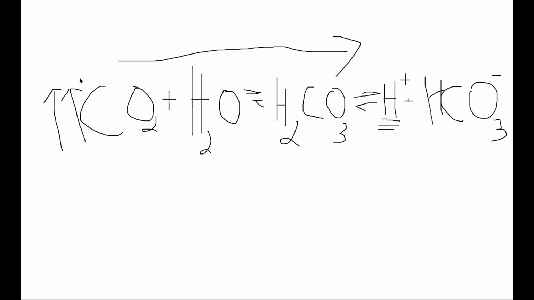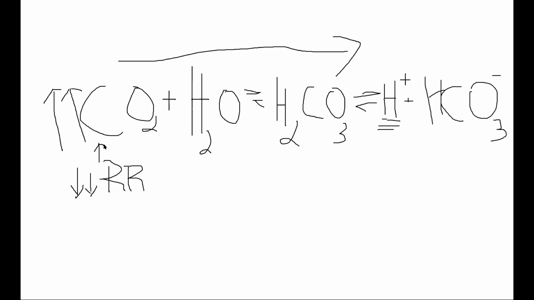How do we increase our carbon dioxide? We are going to decrease our respiratory rate. When we decrease our respiratory rate and hypoventilate, R is respiratory rate, right? By hypoventilating, we breathe less.